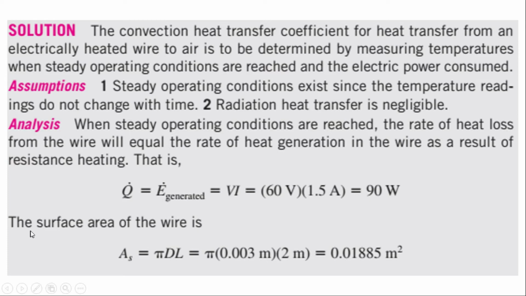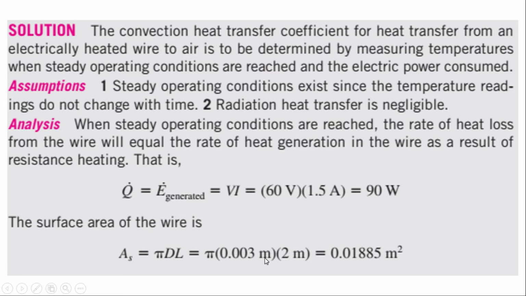The next thing is to calculate the surface area. As we know, the wire is a round wire, and its diameter as well as its length is given. This is the formula to calculate the surface area of the wire: pi times d times L, where pi is 3.1416 and d is the diameter, which is 0.003 meters.